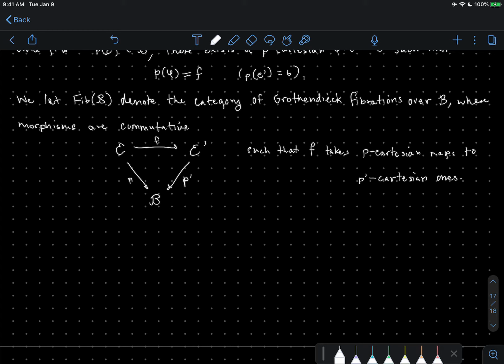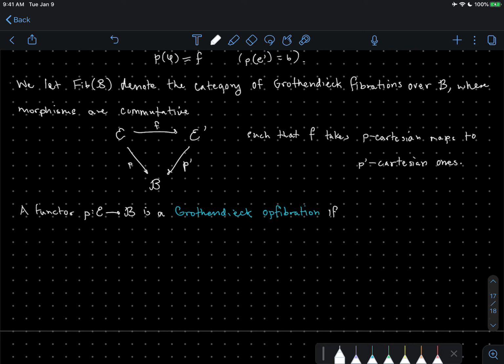Dually, we say that a functor P from E to B is a Grothendieck op fibration. This is clunky terminology that ends up being fixed in the infinity categorical setting. The terminology in the ordinary categorical setting is established by category theorists.